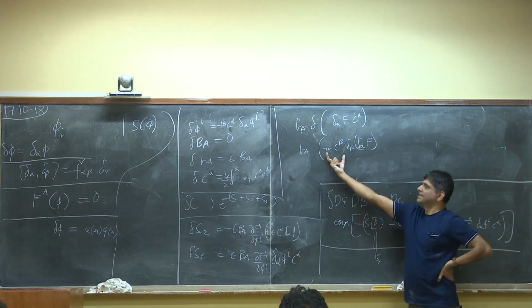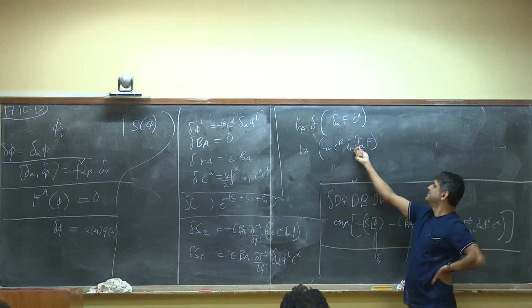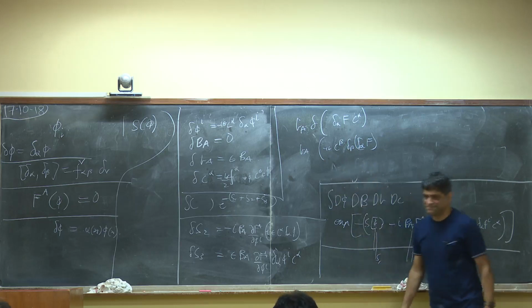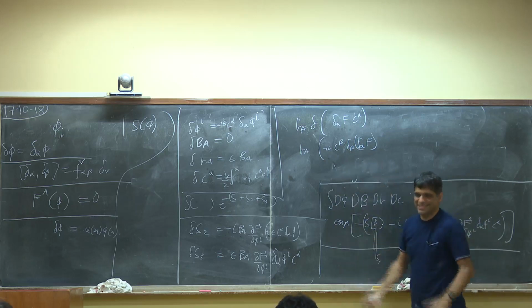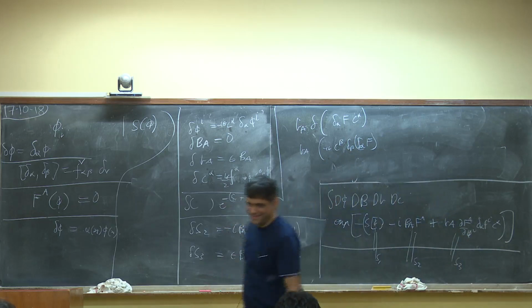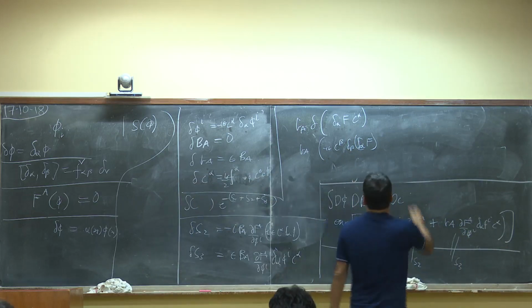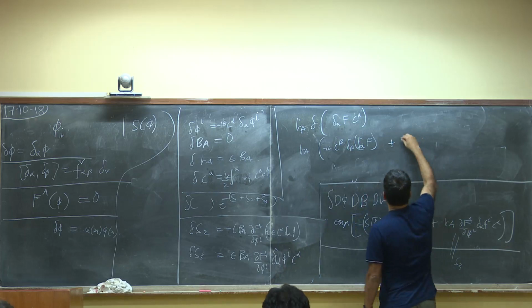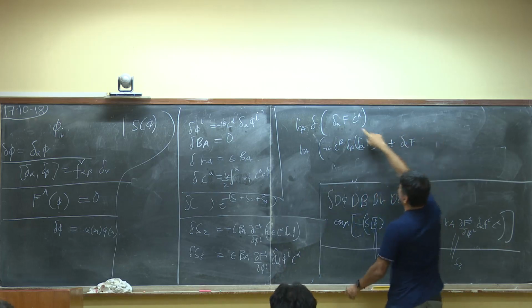Because it's this change and then small change. You know what this means, right? It's the derivative times the change in phi. And then plus there is delta alpha F and then the change in the C.